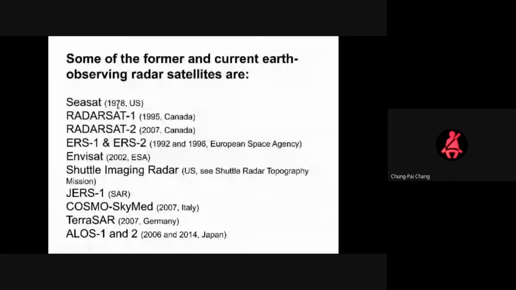Then we have the radar satellites ERS-1 and ERS-2, launched by the European Space Agency, and Envisat, and so on. JERS was launched by Japan. COSMO-SkyMed is an Italian satellite, TerraSAR is a German high-resolution satellite, and ALOS-1 and 2 are Japanese satellites.